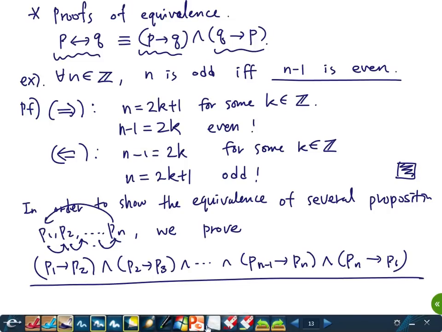So for example, A, B are sets. Prove that, usually in a math textbook it is stated like this. The following are equivalent is a very common phrase.